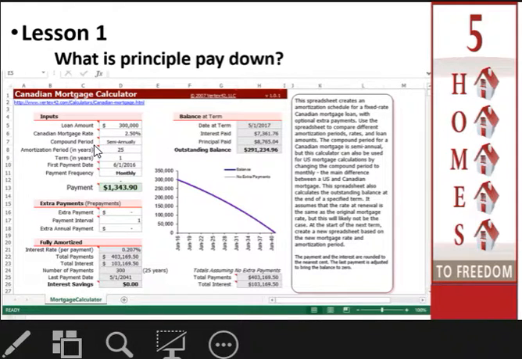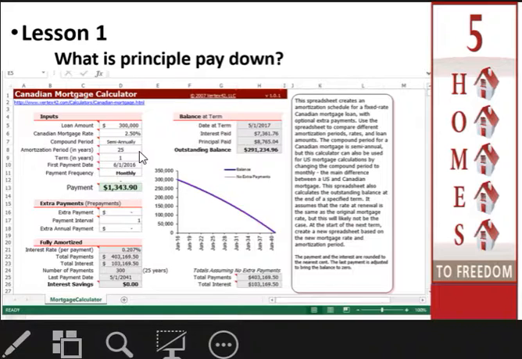So you would go into this box here and change that from semi-annually to monthly, and you'll see the effect of the difference between the two different ways we calculate our mortgage interest. So for Canadians, it's semi-annually, and for the Americans, it's monthly.